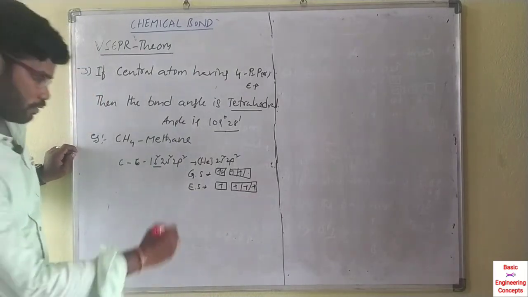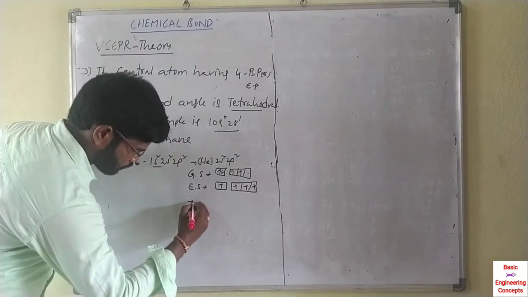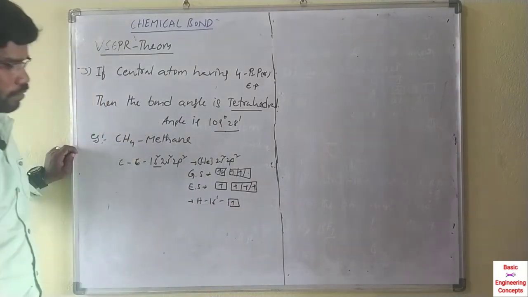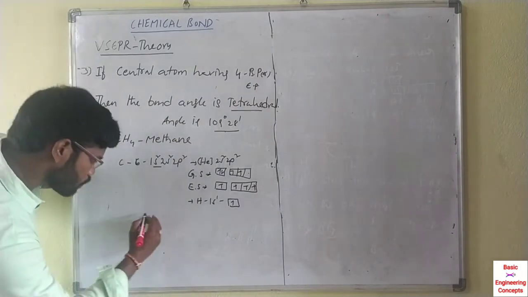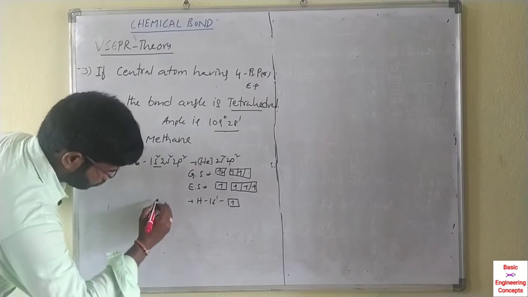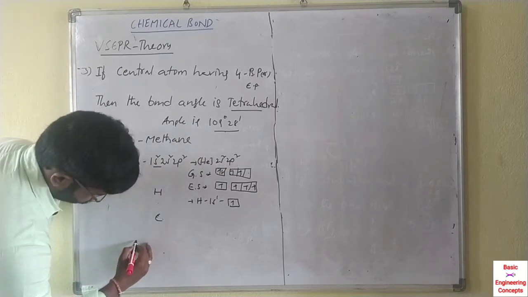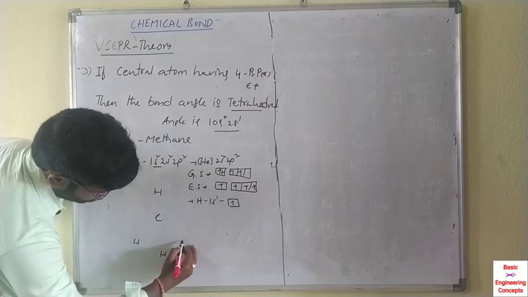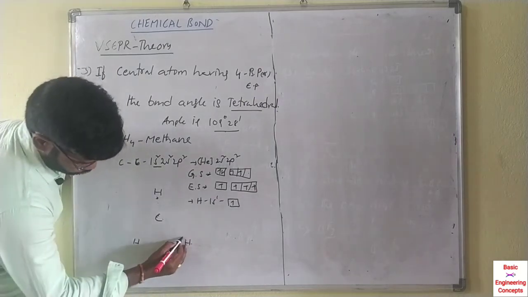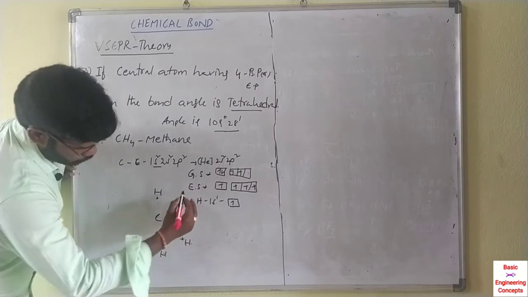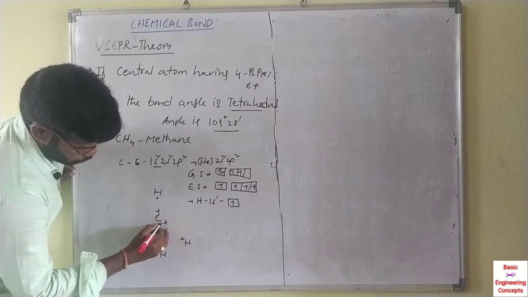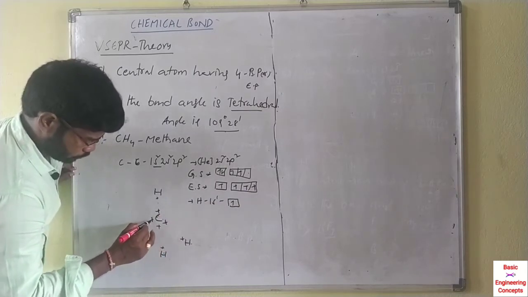Each hydrogen has 1s1, a single electron. So the carbon valency is 4, with 4 electrons: 1, 2, 3, 4.